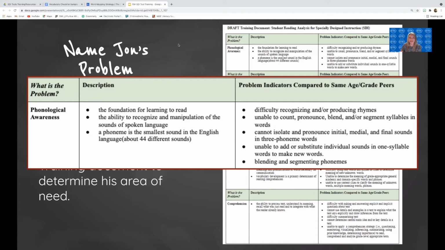But then you want to look at that discrete skill. And if he can't do this, then that might be something you want to look at, which is backing all the way up. So instead of writing the phonological awareness, phonics, and fluency, which is the example I was talking about earlier, you may want to first address the phonological awareness.